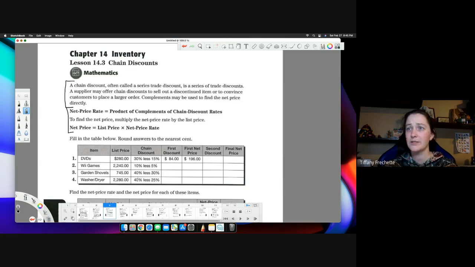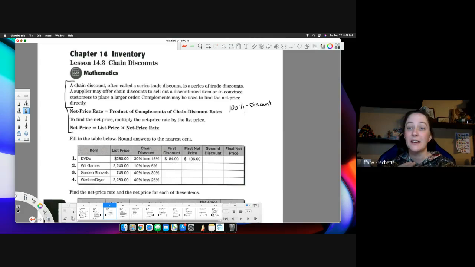So let's go ahead and do this. We can't use the complements yet because they actually want us to fill this table in. So we need to make sure we do it a little slower on this one. We can do it one of two ways. You can use the complements because we did start using the complements in the last section, and that means you're subtracting from 100%. So 100% minus the discount gives you your complement.